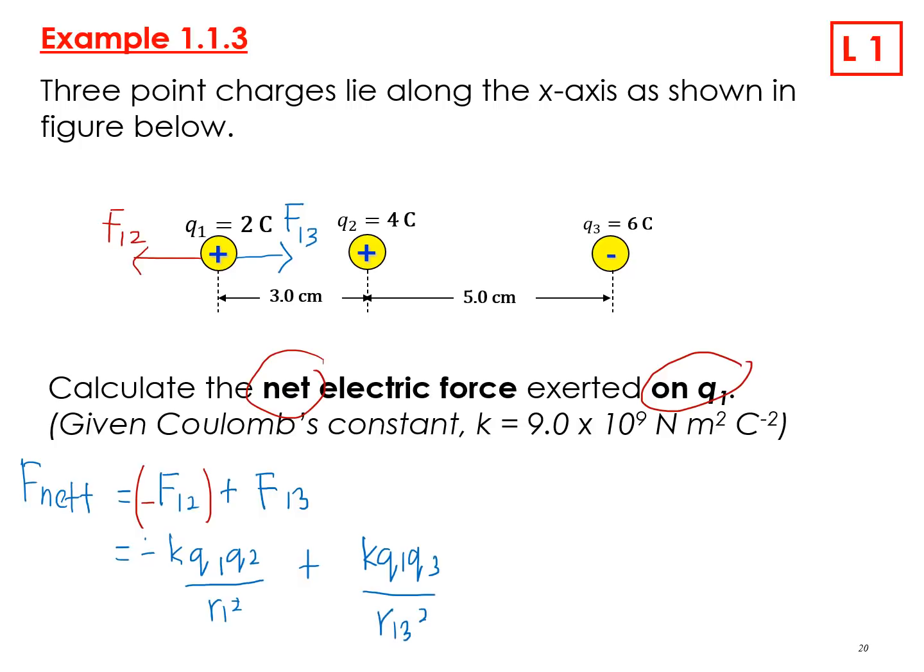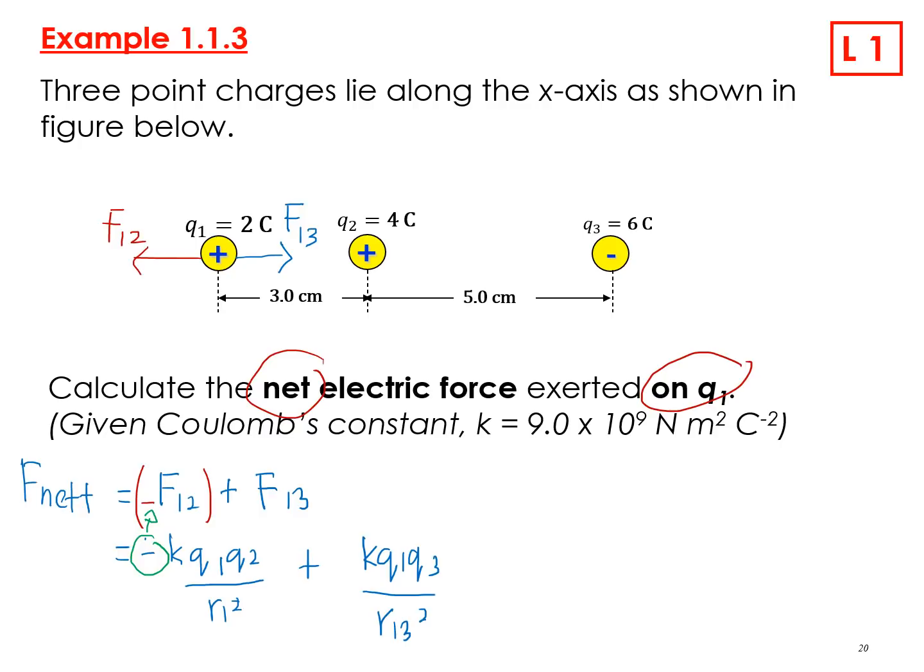I just want you to remember that I include the negative sign here not due to the sign notation for the charges involved. It represents the direction of F12, which is to the left.